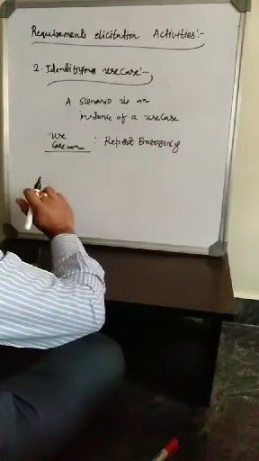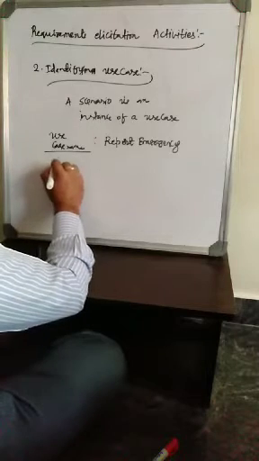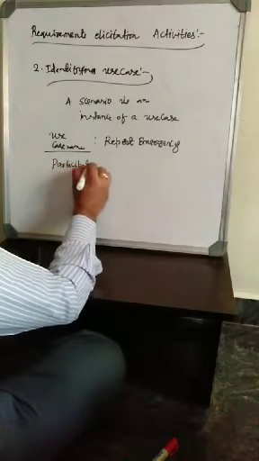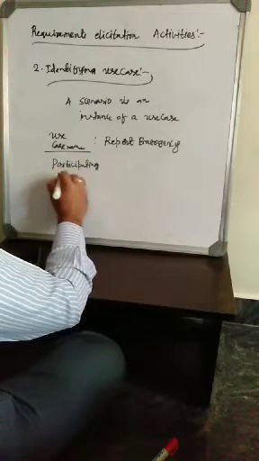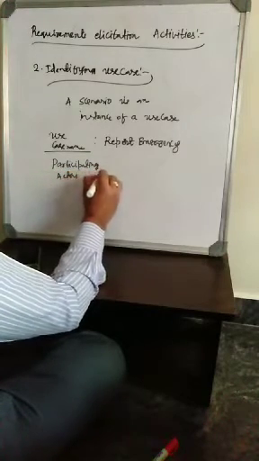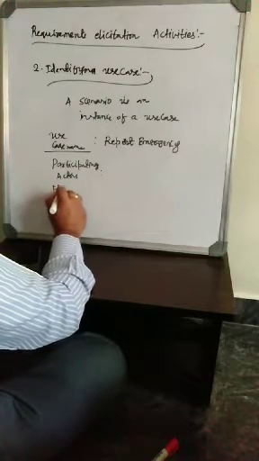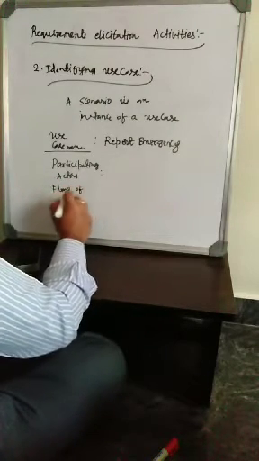In that one, we have to go for finding the participating actors. Who are all the participating actors, we need to list out. Okay, so we have seen the template, participating actors. Then we have to determine the flow of events.